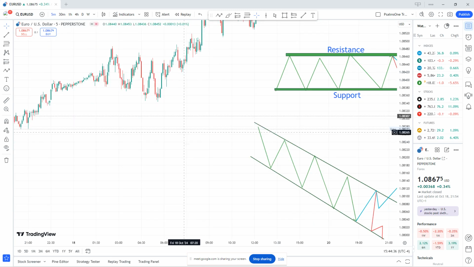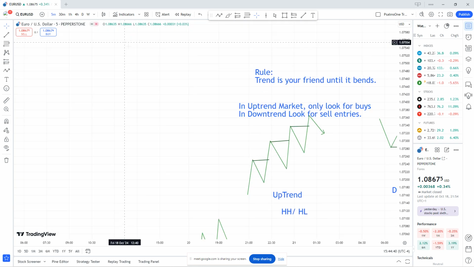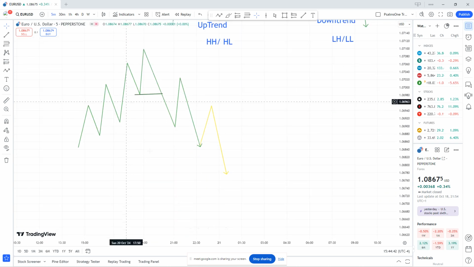So I will still teach us how to mark out correct highs and lows. So whenever the market goes from higher lows and then goes down, it shows that the trend has changed. It has bent. So what you should do also is start selling with them.